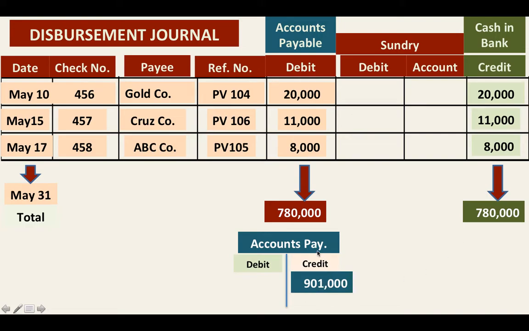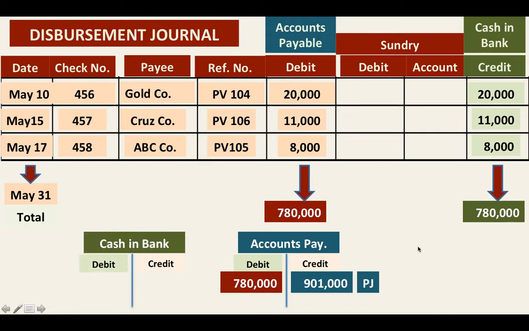We already have a balance in our accounts payable of 901,000 from the purchase journal. So kung ipopost natin yung 780, will be debit on the 780, and then we'll extract the cash in bank T account. We already have the total of 780, so that will be posted in cash in bank.